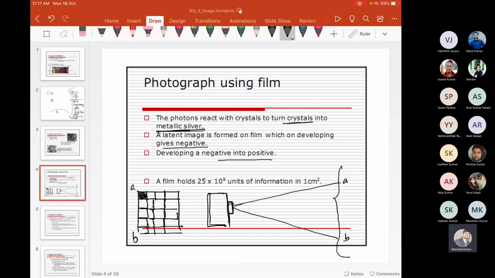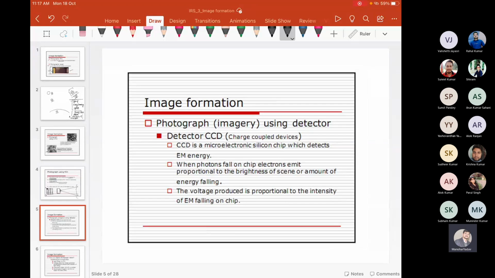If we consider this as a base concept to generate the photograph, and apply the same concept to the digital photograph, then in place of photographic film, we have a detector. CCD stands for charge coupled device.